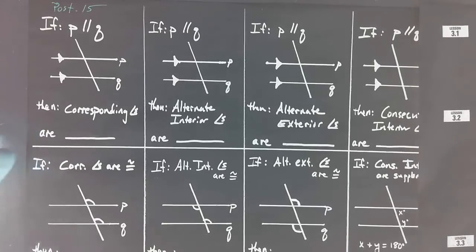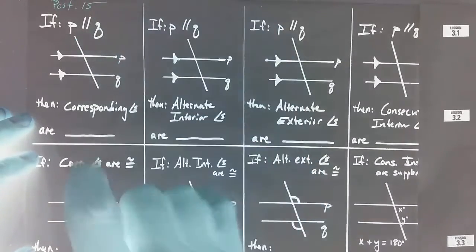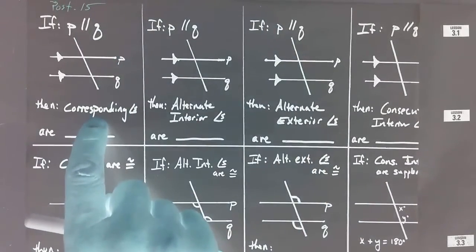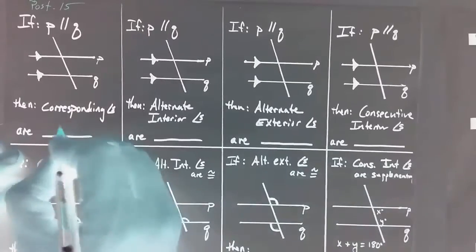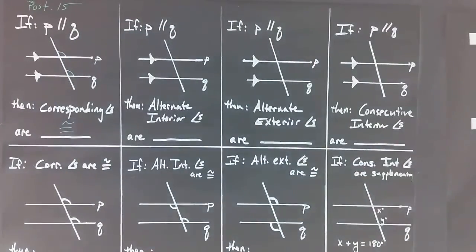Well, yeah, that's true. If these two lines are parallel and I draw this transversal, then all the pairs of corresponding angles have to be congruent. Like this angle and this angle. All stuff that you know.